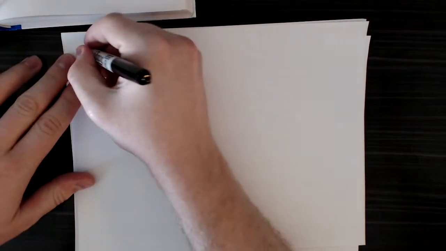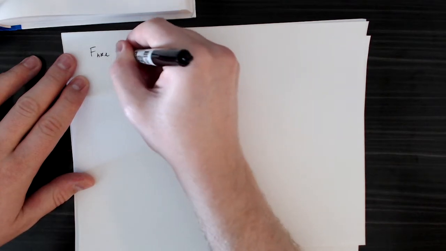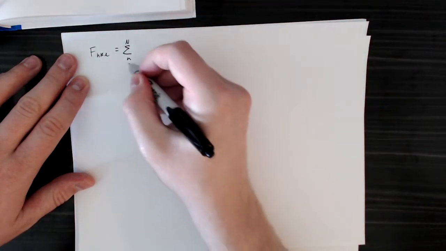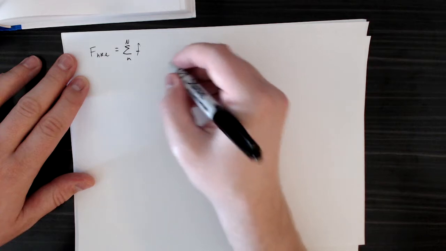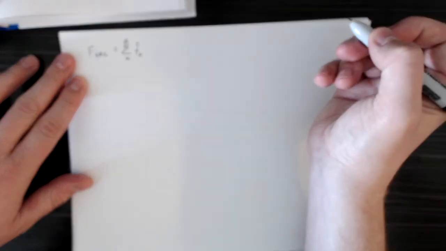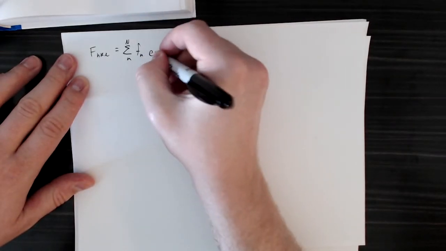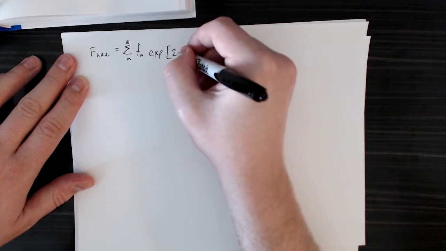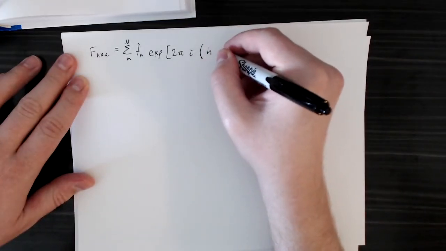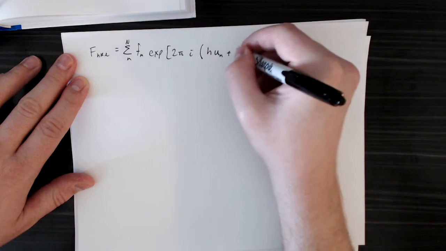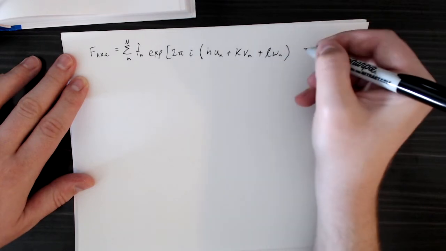The structure factor for a given set of HKL planes is a summation from n to capital N. So we're counting up atoms or ions or molecules, and that's equal to the atomic scattering factor, f_n, of the particular atom that we're looking at, times an exponential term of 2 pi i, the imaginary number, and then h times u_n plus k times v_n plus l times w_n.